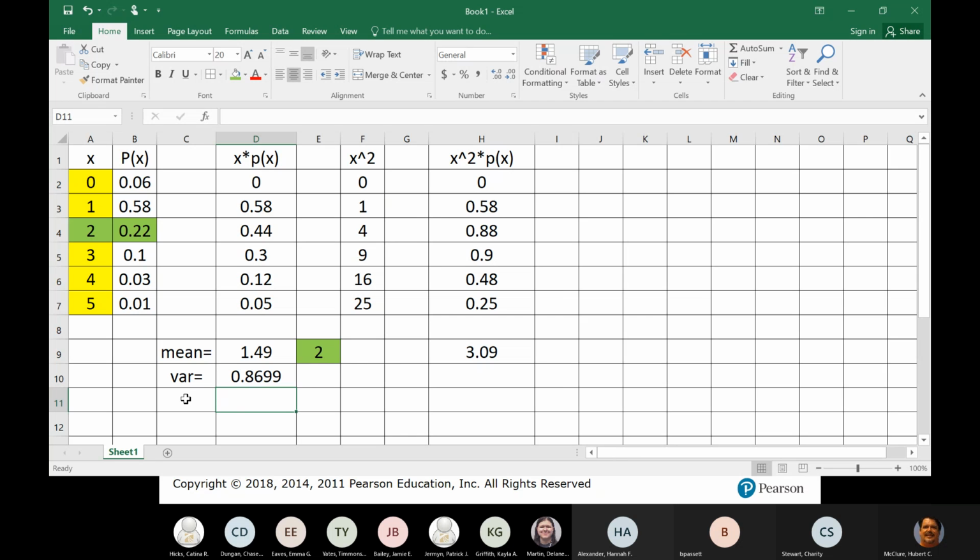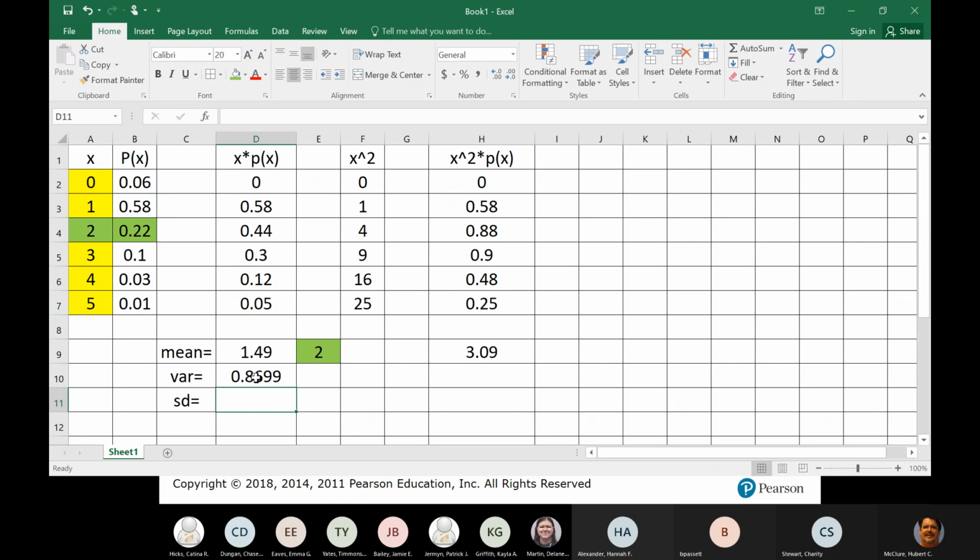And what is the relationship between the standard deviation and the variance? That means I want somebody to talk to me. What is the relationship between the standard deviation and the variance? Two words, starting with S, Q, U, square root.